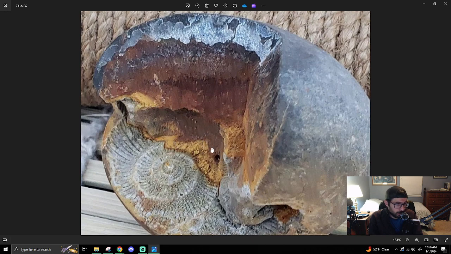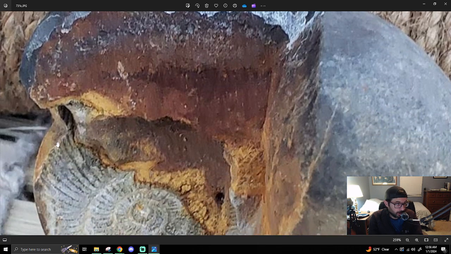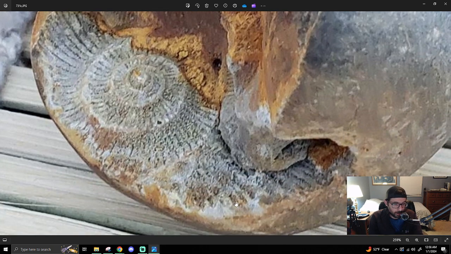They're down here too, going across this way. And then teeth looking structures up here, just like an ammonite would have. It's not very defined here, but this kind of boundary.